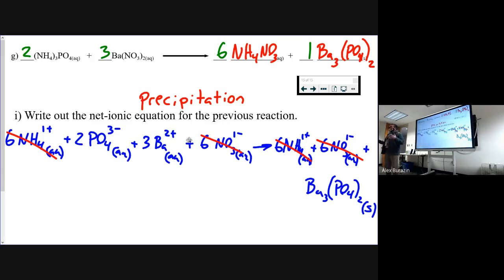the whole goal of 4.7 was to hopefully identify different types of chemistry going on. We had 4 reactions that I hope you can identify as we go forward this school year. Combustion is pretty easy to find because it's just some carbon molecule plus oxygen gas giving you carbon dioxide and water. We have acid-base reactions.